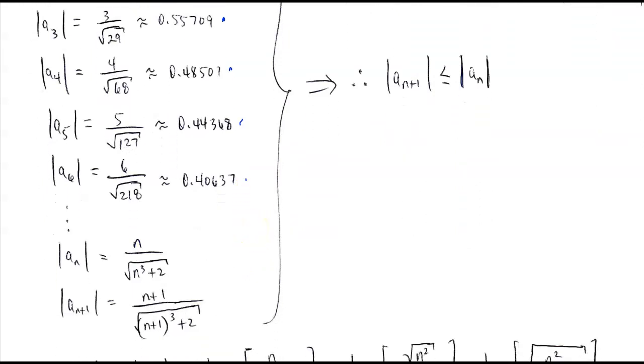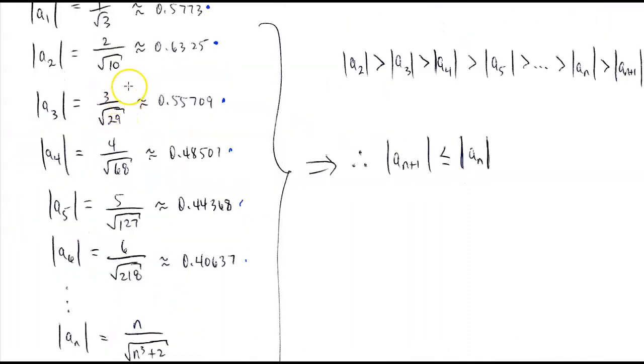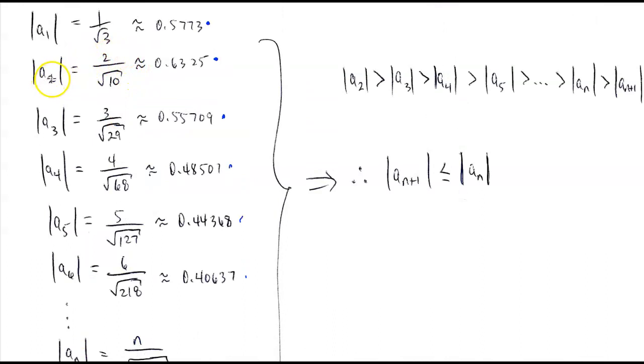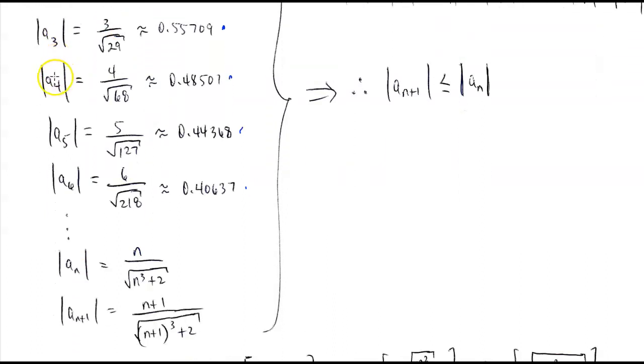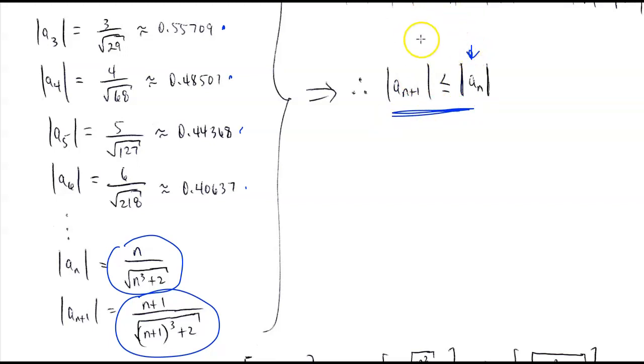So what we know is that beyond, let's say in this case, big N equal to 2, the absolute value of a sub n plus 1 is going to be smaller than the absolute value of a sub n. Okay? So what that tells us is that the current term is bigger than the subsequent term, or the next term after that.